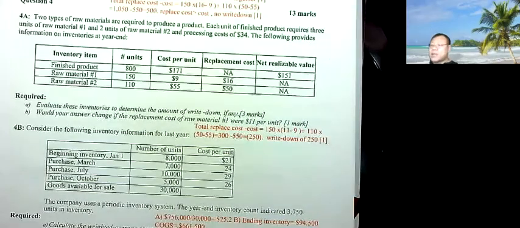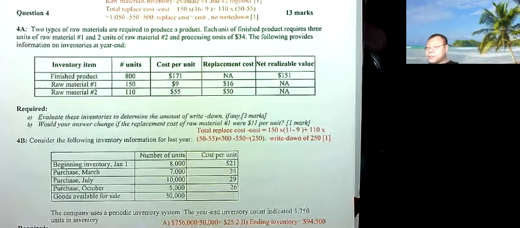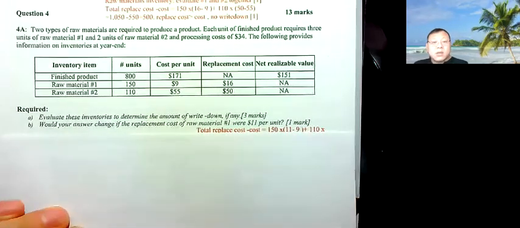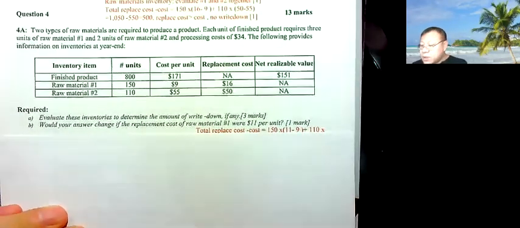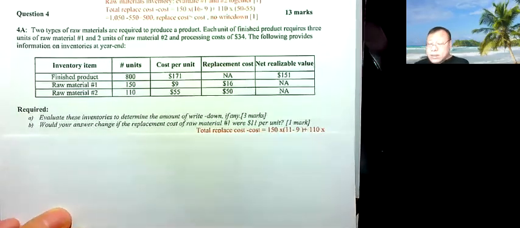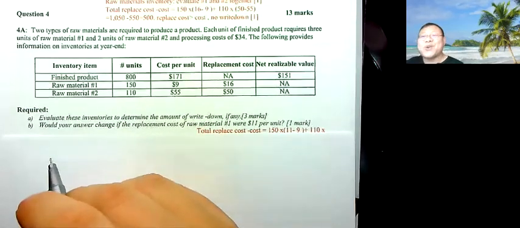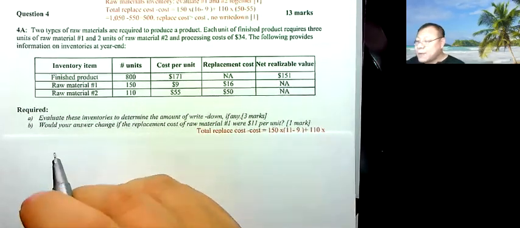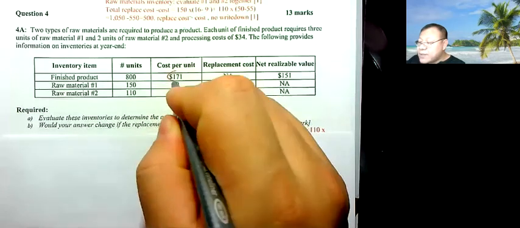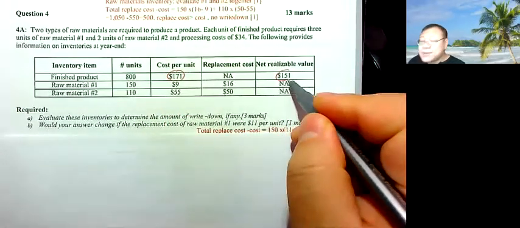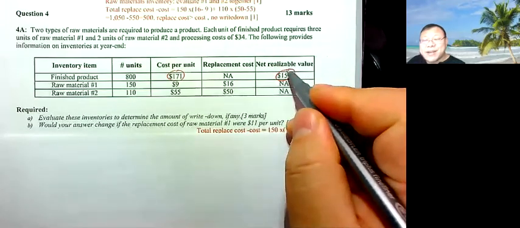Okay, so let's work on this one together. Let's take a look at finished goods first, right? You always do the finished product first. You see the cost is 171. Net realizable value is 151, right?